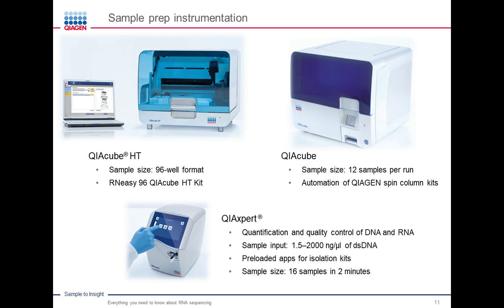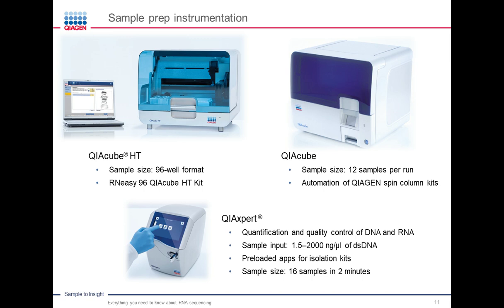Also, when you're looking at sample prep, you often need a variety of instrumentation. So we have the QIAxpert. So this enables you to process 96 well-format samples. And in conjunction with this is the RNA 96 QIAxtractor kit for isolation.